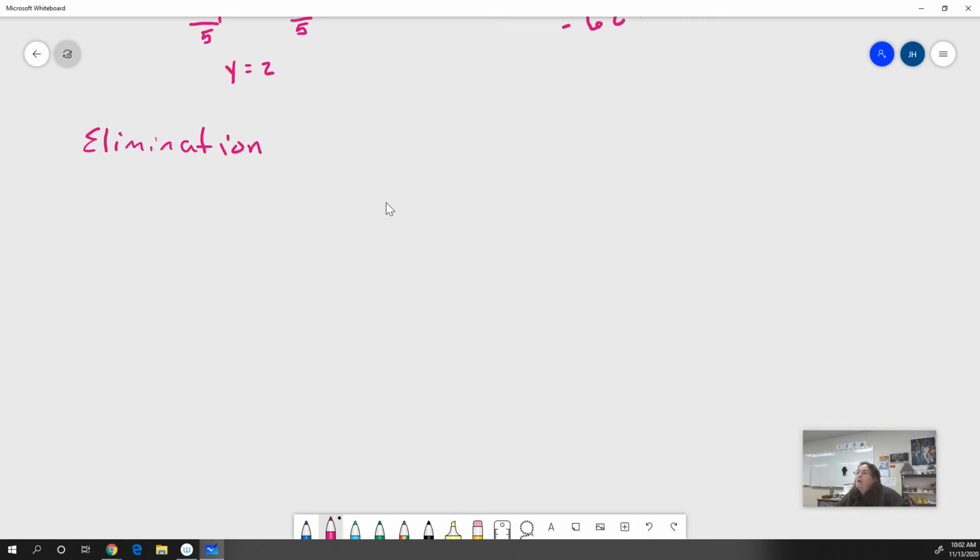But if you don't have a variable without a coefficient of 1, it's so much easier to do the math by just using elimination, because otherwise you're winding up dealing with a lot of fractions or square roots and stuff like that. So if you want to keep it to whole numbers, sometimes elimination is the better method.